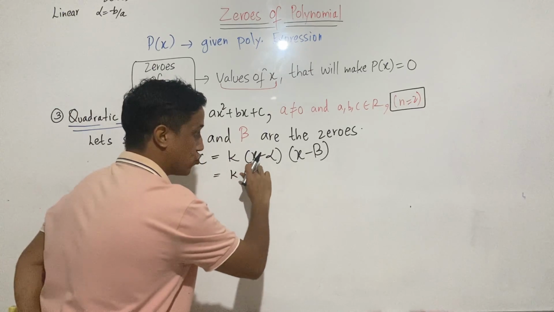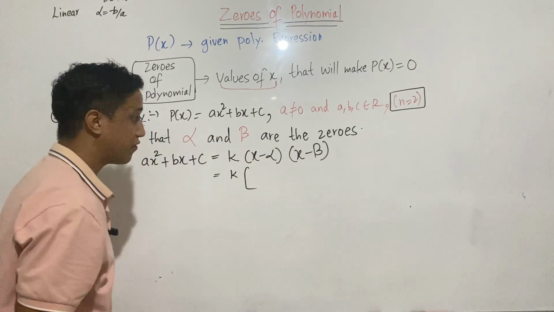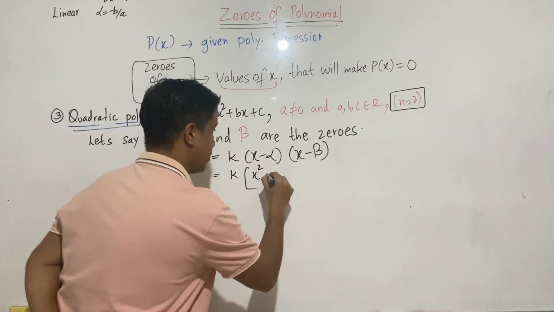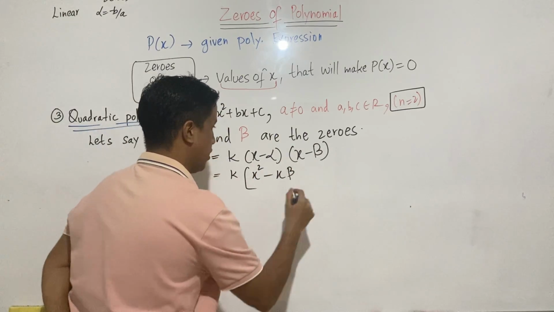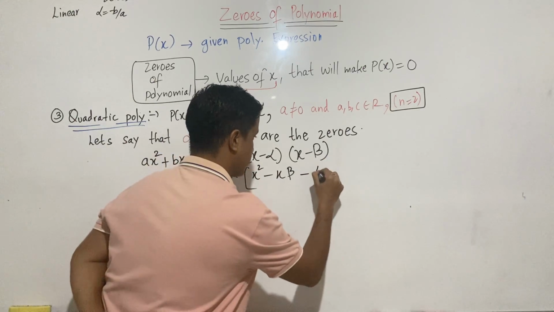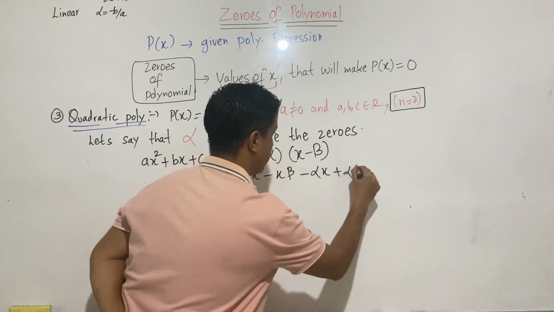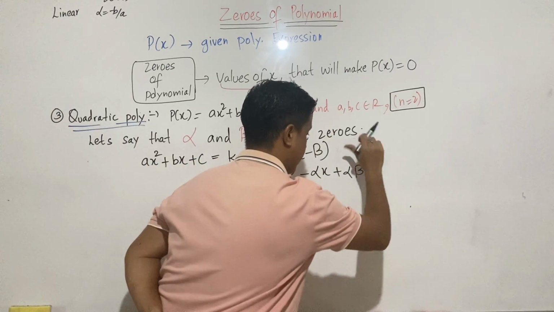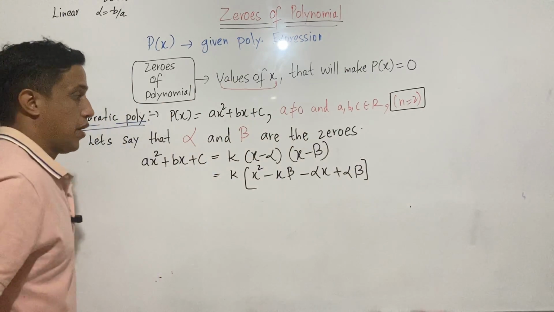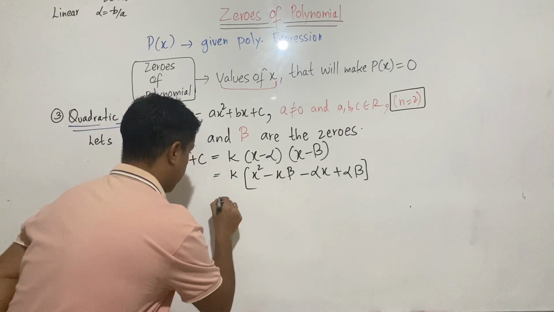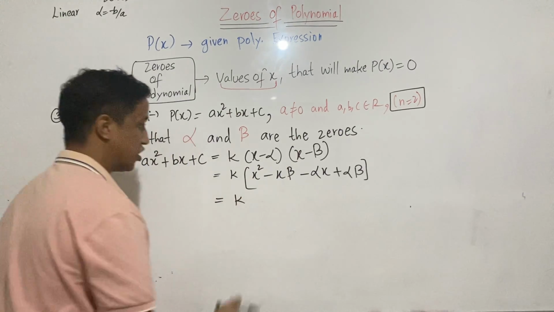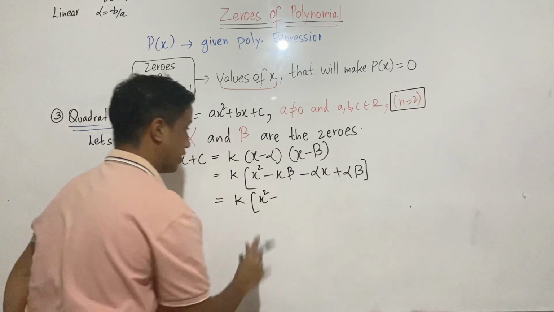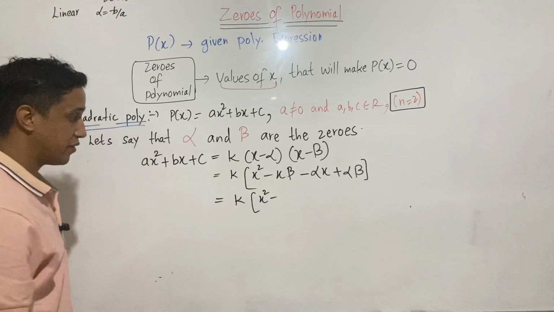Now you have to use which property? You have to use the distributive property, right? So it would be k times x square minus x beta minus, again, distributive property, alpha x plus alpha beta, this bracket. Right, now it will be equal to k, so here x square minus, can I take x common from here?